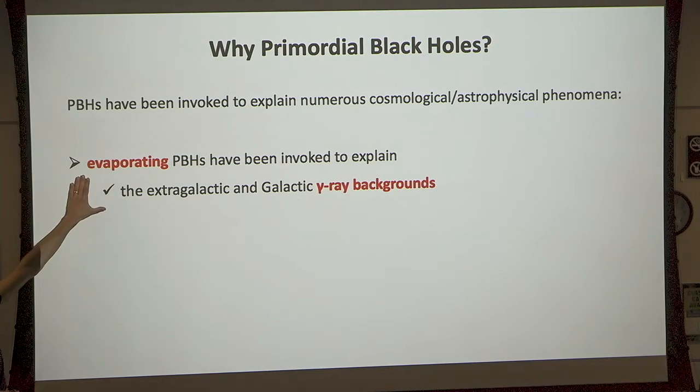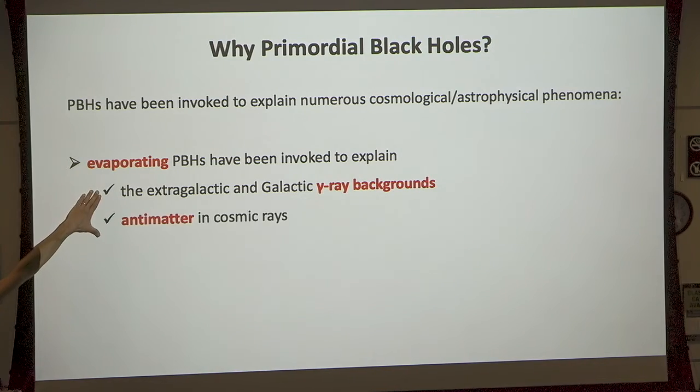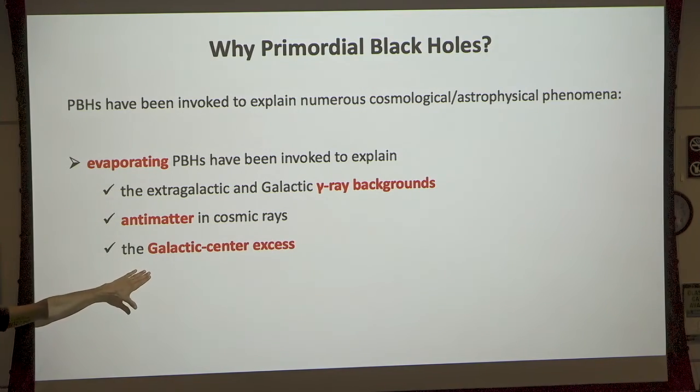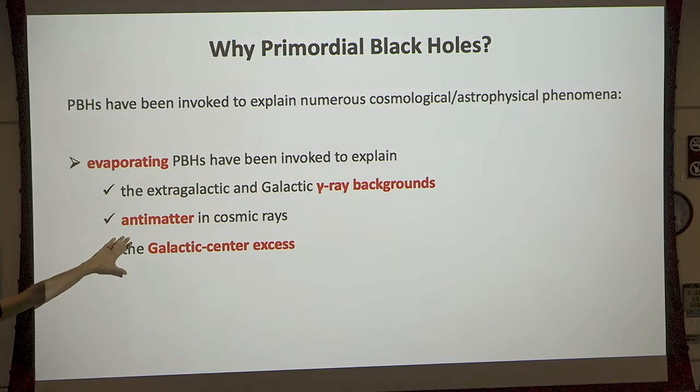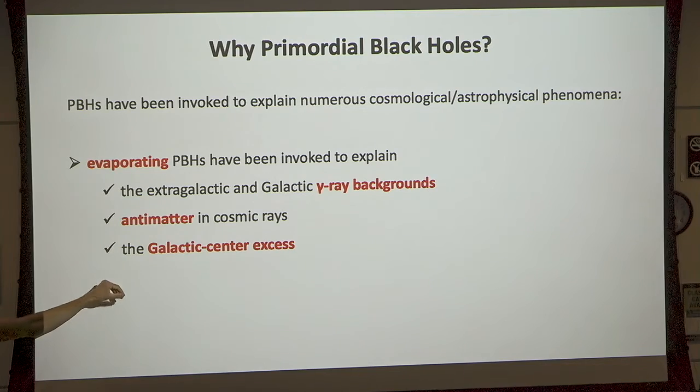So for instance, evaporating black holes have been invoked to explain a bunch of emission processes that don't have a clear, simple astrophysical counterpart. This includes gamma ray emissions, such as the galactic center excess that Ben has been talking about, antimatter in cosmic rays, and I've lost many years of my career thinking about the positron excess that cosmic ray experiments have seen.